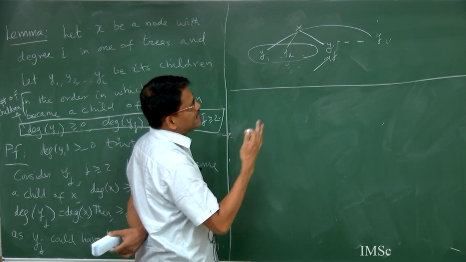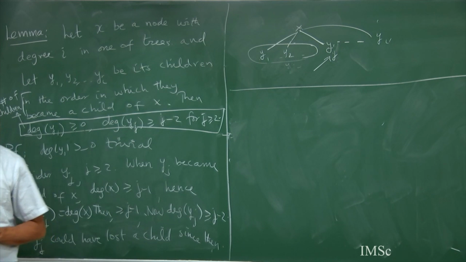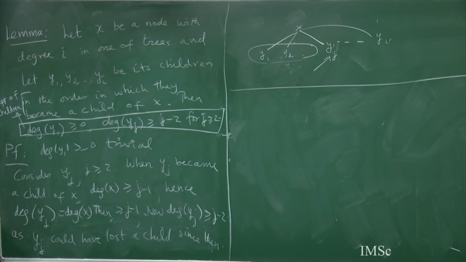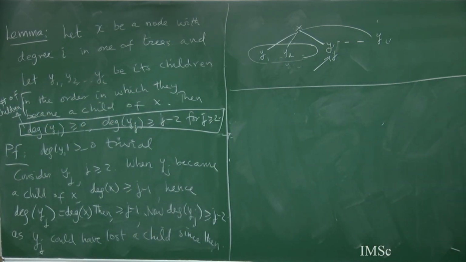Now, to show that the degree is not large, what is our goal? I want to show that the maximum degree is logarithmic. How have we shown this before? We've done this in AVL trees, connecting height and the number of nodes. If the height is something, the number of nodes is very large, and hence height is logarithmic in the number of nodes.